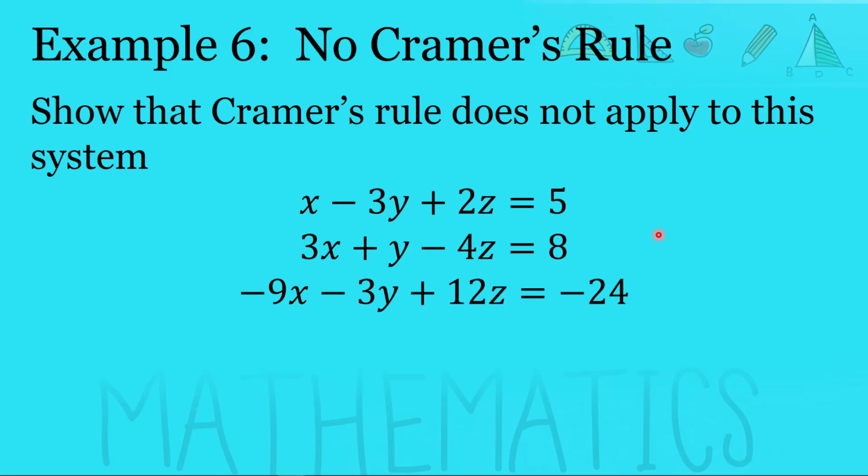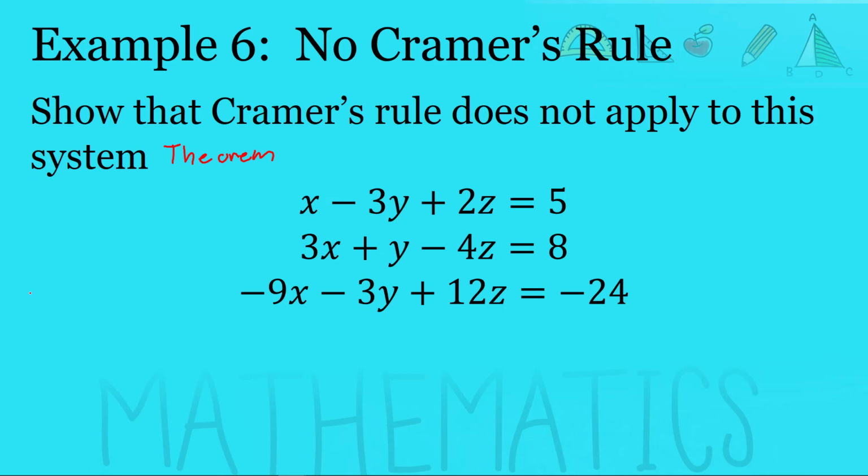Our last example is to show that Cramer's rule does not apply for this particular system. And to do that, all we need to show is that this determinant is equal to 0. There actually is a couple of ways to do that. The first thing that we can do is invoke Theorem 6. And how is Theorem 6 going to work for us?